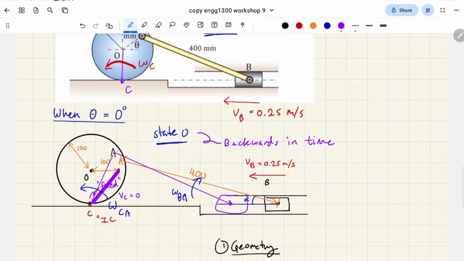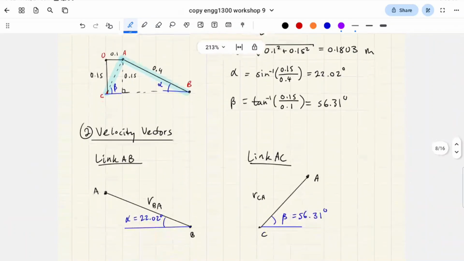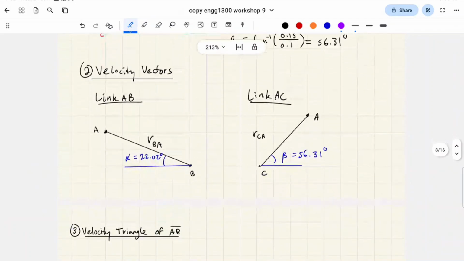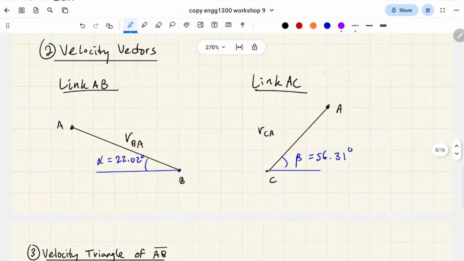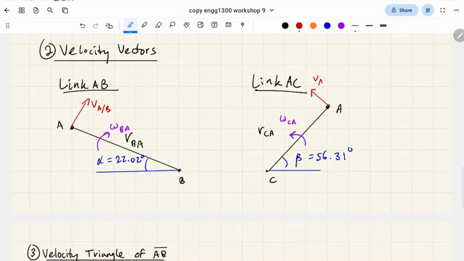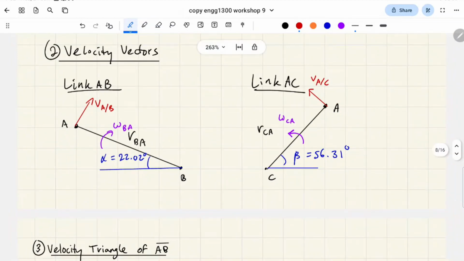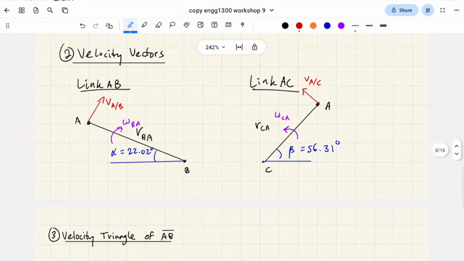Therefore, let me just draw it up here. Now we know the directions of velocity. I'll leave it at that for now, and I'll move on to the next step.